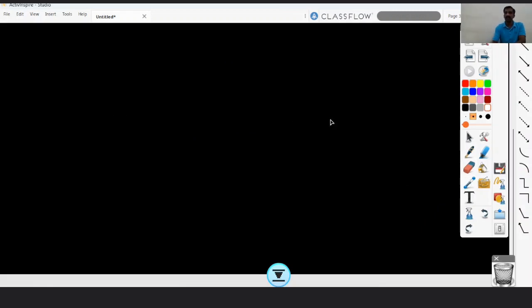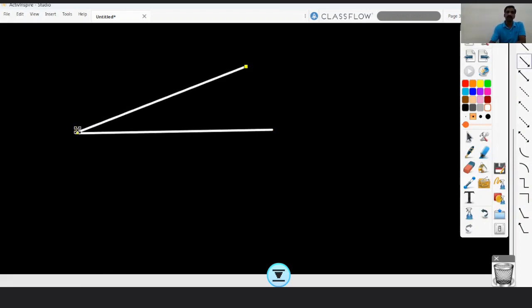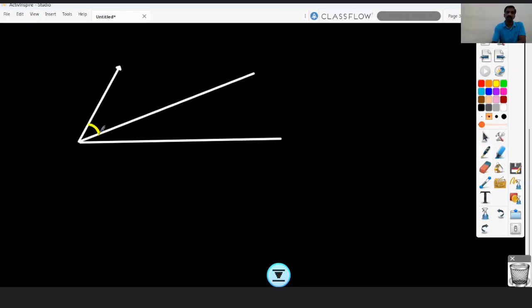So here you see, this is an inclined plane. Here the object is thrown in air, making an angle alpha. Alpha we are going to give 45 degree.